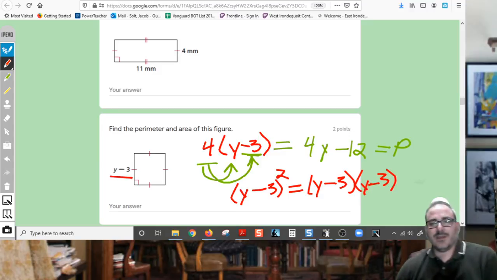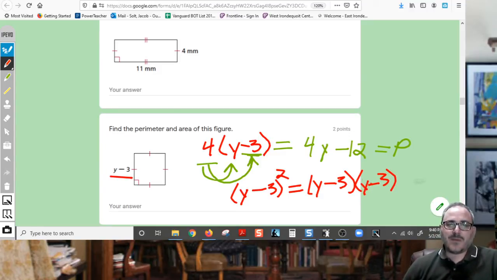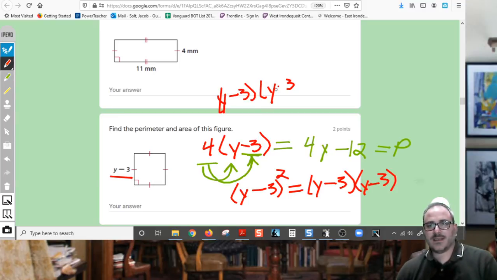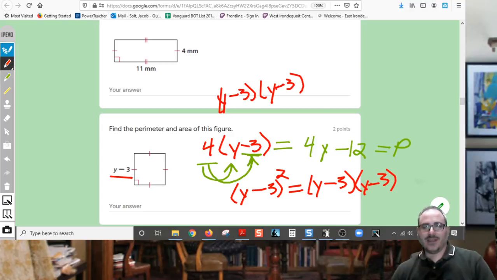Maybe I should rewrite it up here. I don't want my big head to get in the way. Y minus 3 times y minus 3. Okay? I don't like how I did that, but I can live with it.